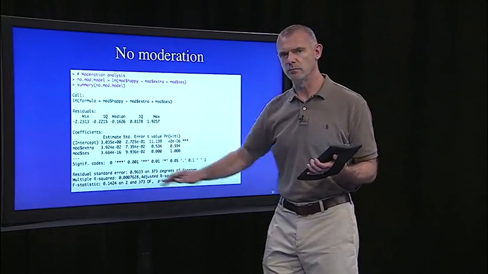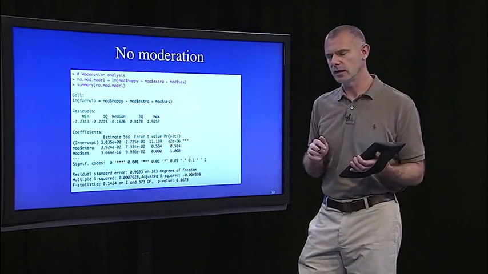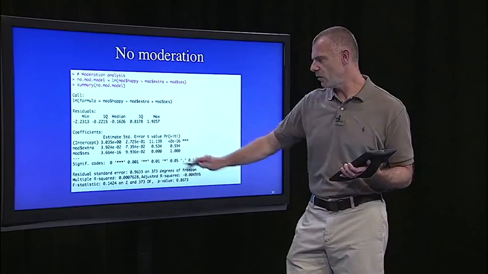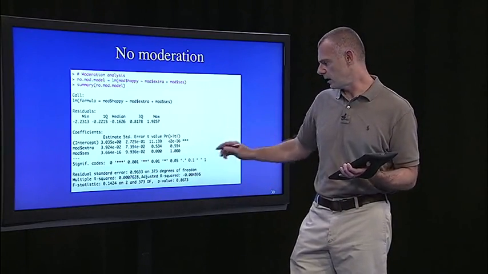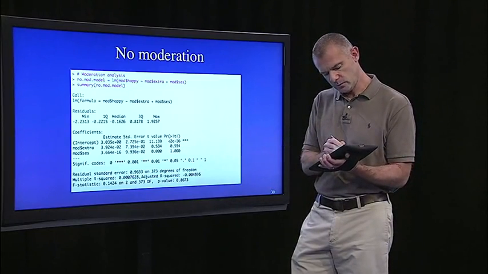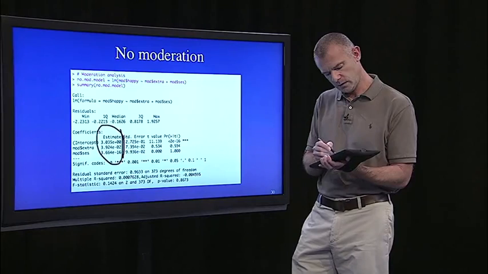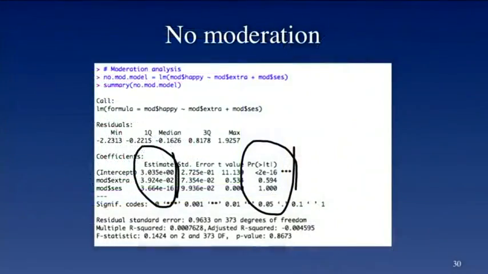And remember, I sort of played with the data in lecture 11 to make it so that now, if we just look at the main effects, taking into account SES, none of them are significant. So everything's about 0 here, if you look at the significant digits. And then if you look at the p-values, nothing's significant.